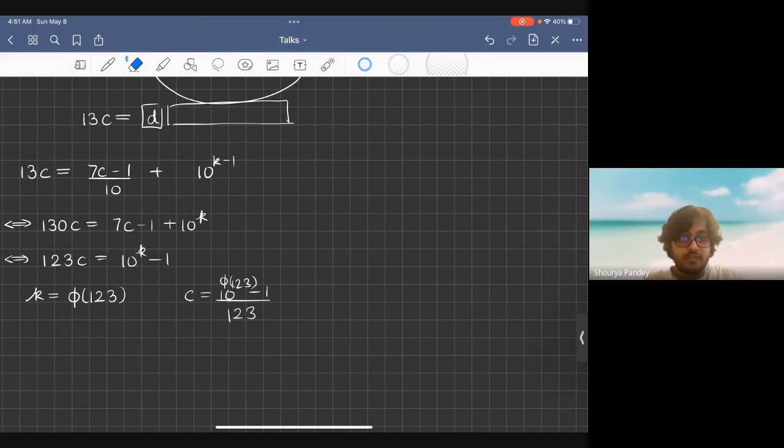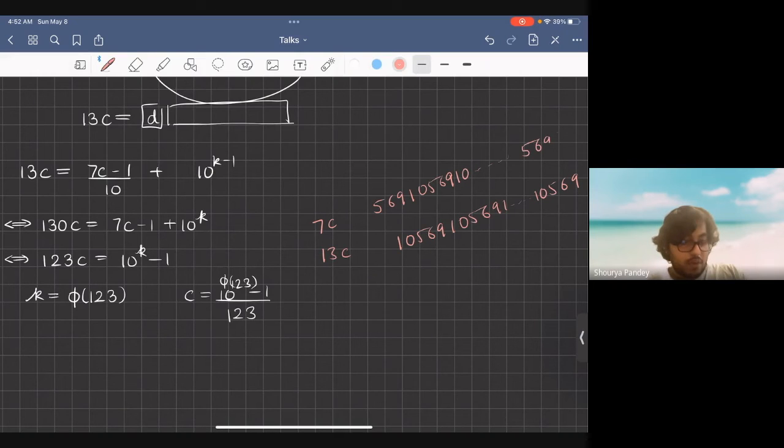I guess, okay, so it seems as if 13C looks something like 10569 up to 10569, and 7C looks like 5691 up to 56911, which is interesting.